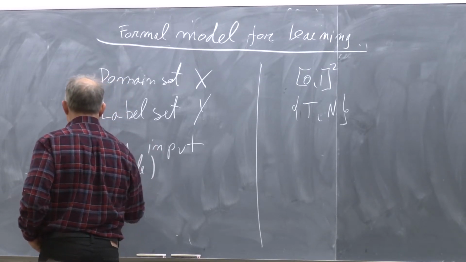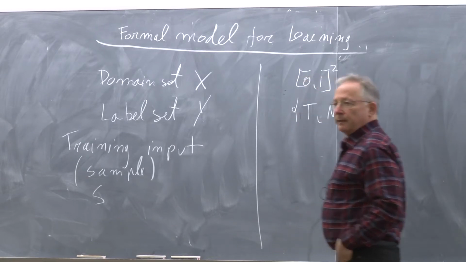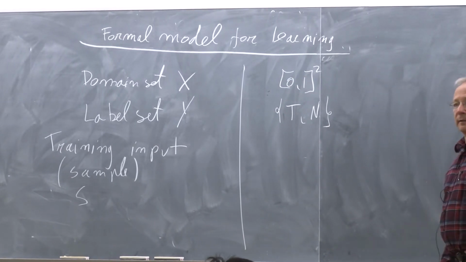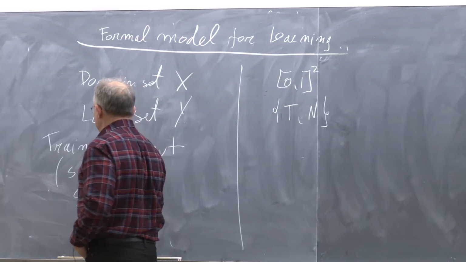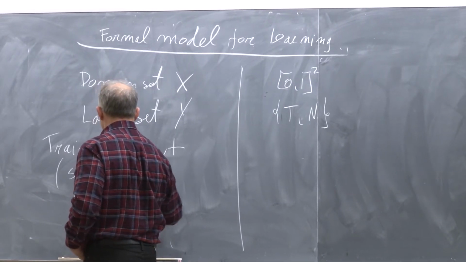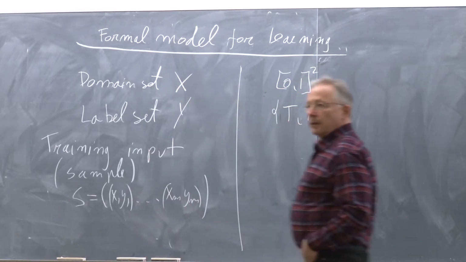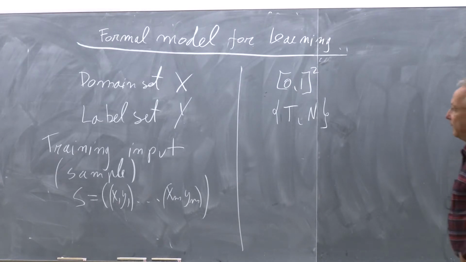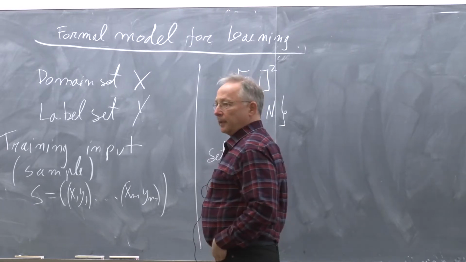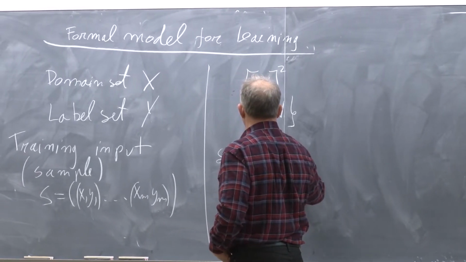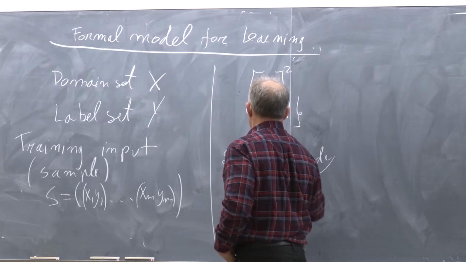And we usually denote it by S. And we assume that this training sample, in this scenario of learning to classify, consists of points x1, y1 up to xm, ym, which in the case of the papayas is just a set of already tasted papayas.